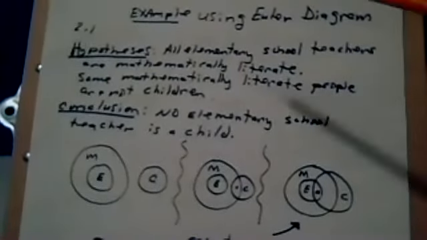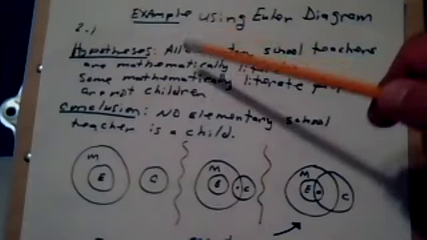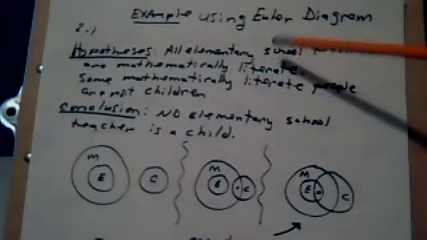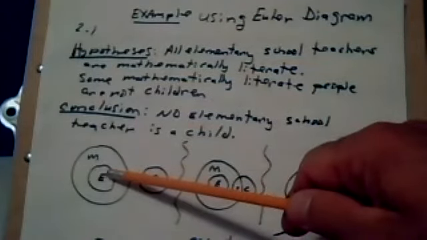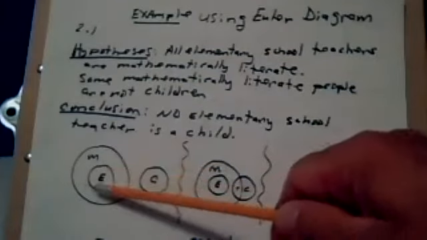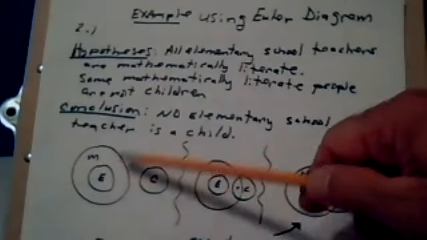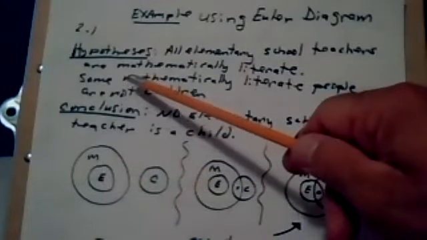For example, the hypothesis: all elementary school teachers are mathematically literate. Draw a circle for that. So all elementary school teachers are within the mathematically literate circle. Continue with the hypothesis: some mathematically literate people are not children.